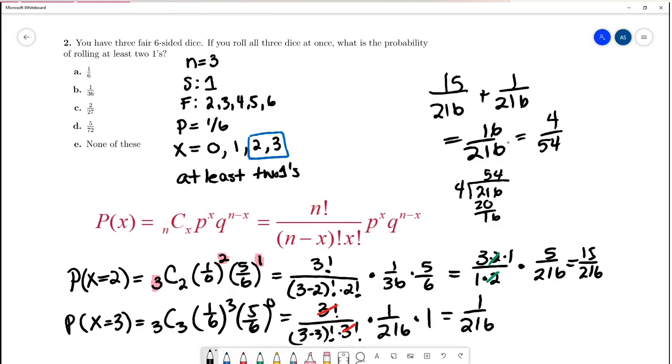I can reduce that one more time by a factor of 2. 2 goes into 4 2 times. 2 goes into 54 27 times. So we get a probability of at least 2 ones being 27 over 2.